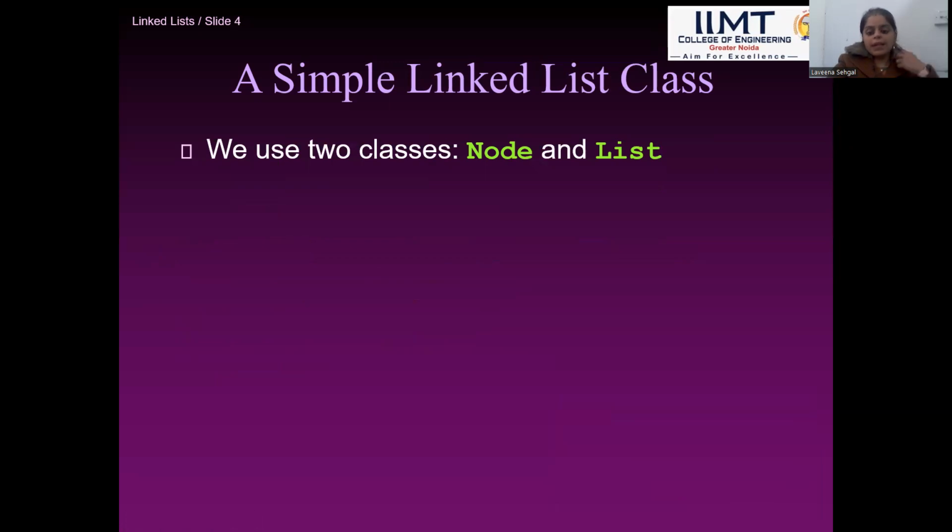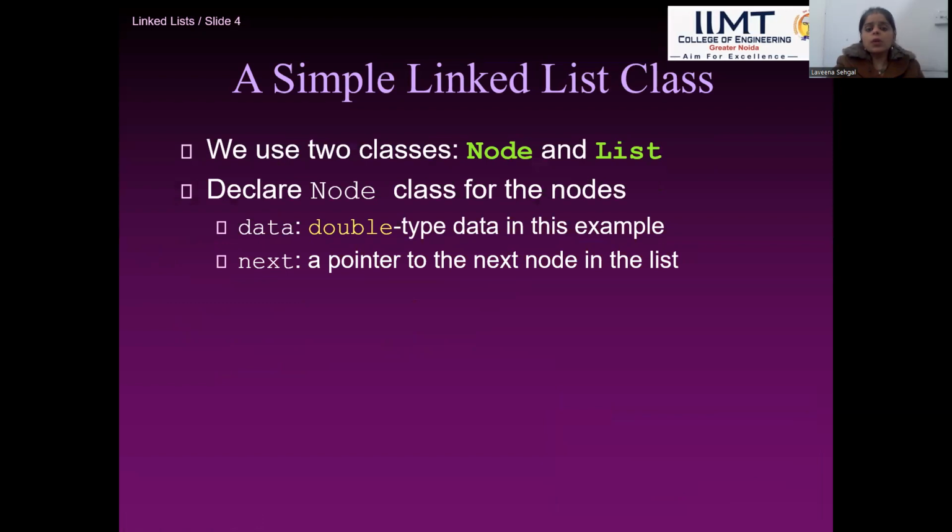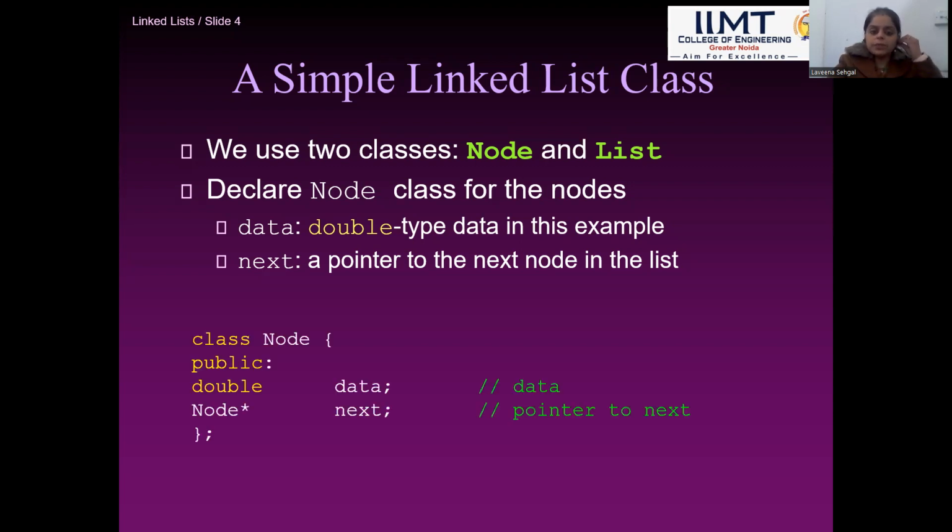In a simple linked list, we have two classes, node and list. Declare the node class for the nodes. Data is of double type in this example. Next is the pointing address to the next node in the linked list.